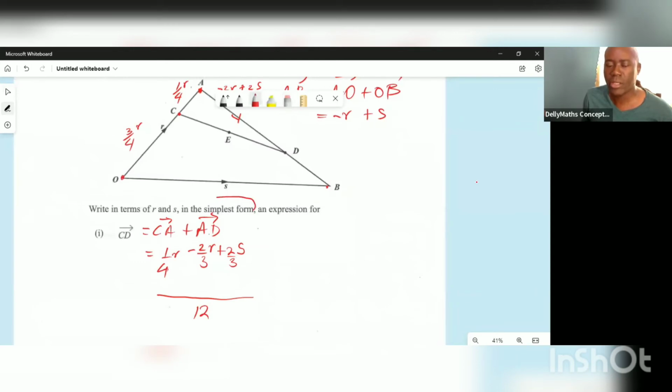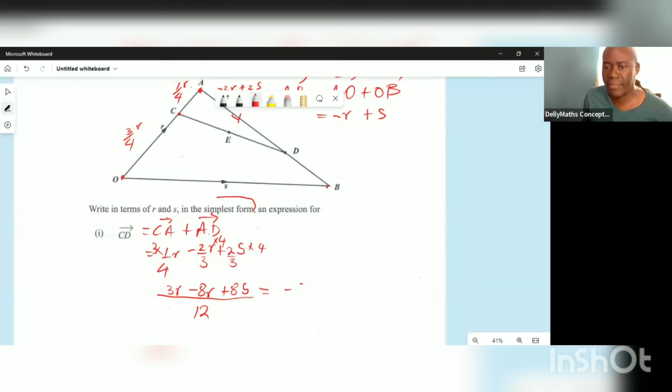4 into 12 goes 3 times. 3 times R will give me 3R. 3 into the 12 is 4 times. 4 times negative 2R is negative 8R. And then 3 into the 12 is 4 times, and 4 times 2S will give me 8S.